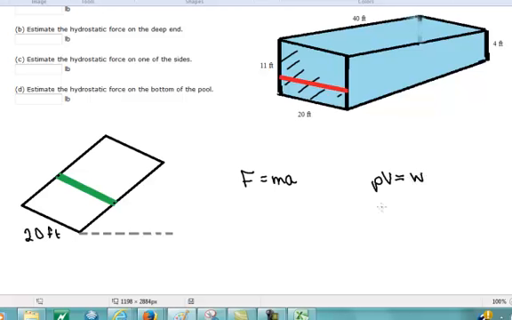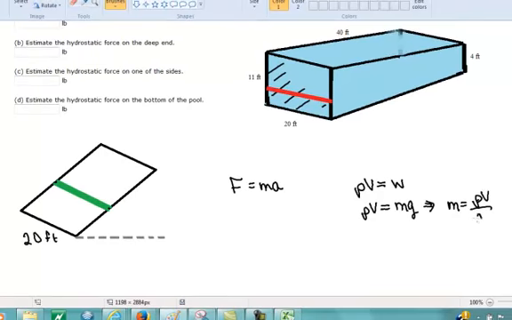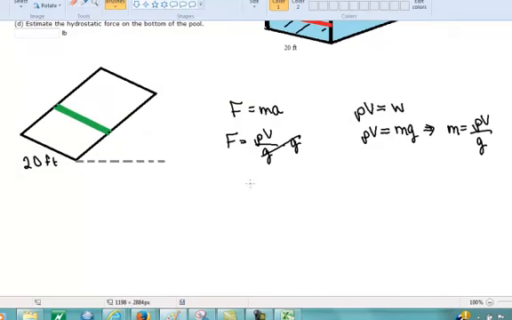That would be pounds, or a weight. And weight is mass times gravity. So if we want to solve for mass, we divide both sides by g. So m equals rho V over g. So we get rho V over g, and acceleration is the acceleration due to gravity. So the g's cancel, and so force is just rho V.